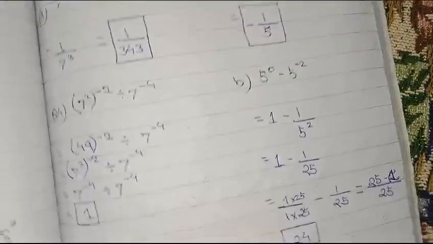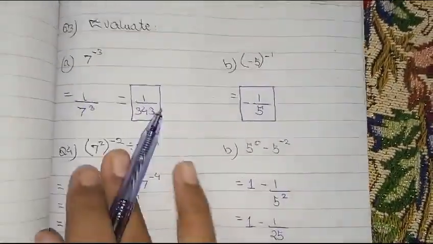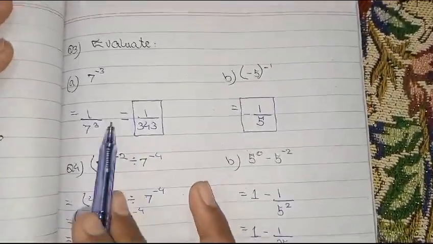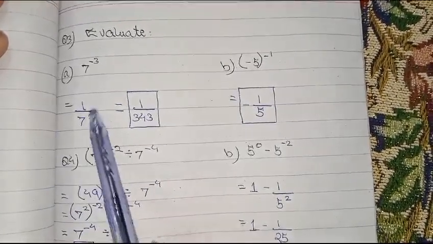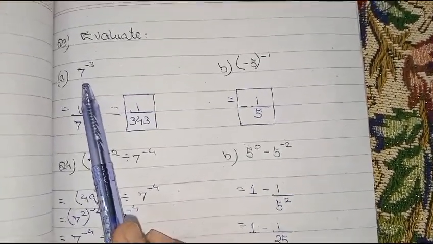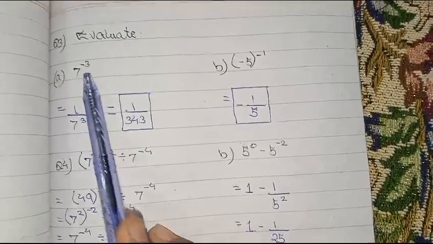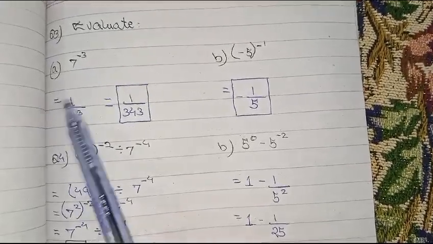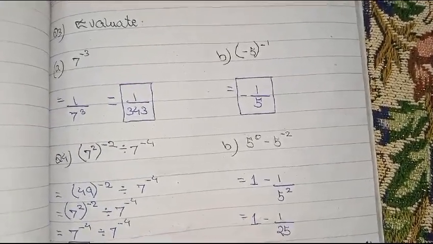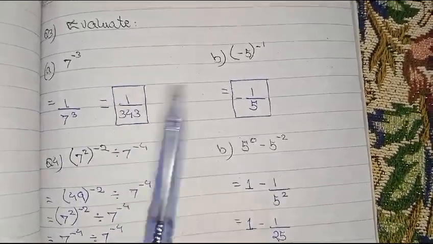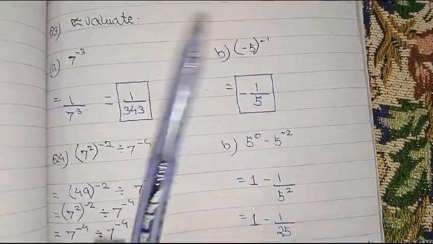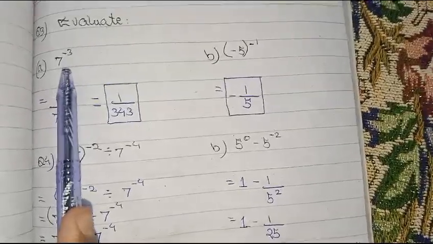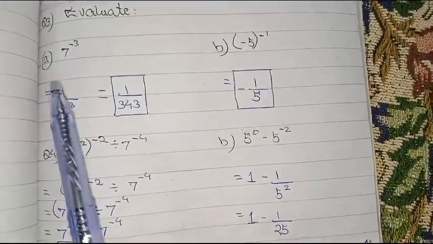Question number 3 says evaluate 7 power minus 3. Because the power is negative, we have to write it in fraction form, because we always want the sign of the power to be positive.